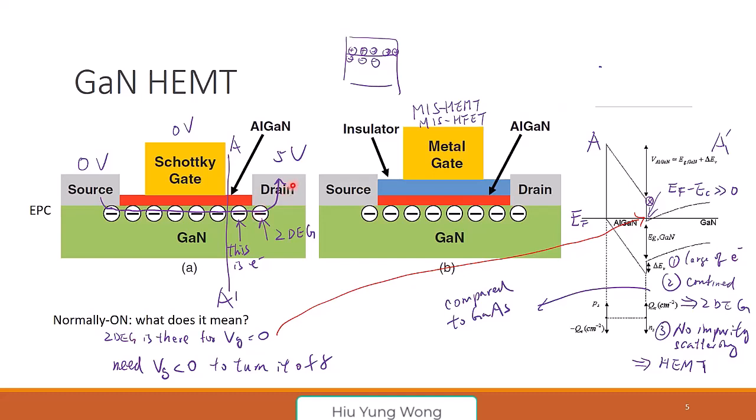Your gallium nitride is sustaining maybe 600 volt at off state. You need to apply a negative gate voltage. What if there's a circuit failure? You don't know when it fails. If the circuit fails, this goes to 0 volt, and then your transistor is going to turn on under 600 volt.